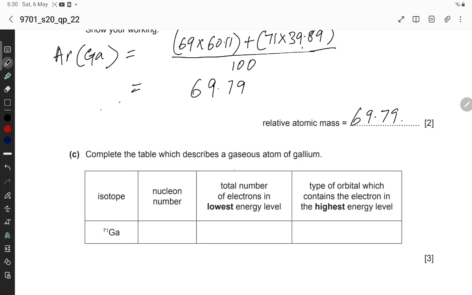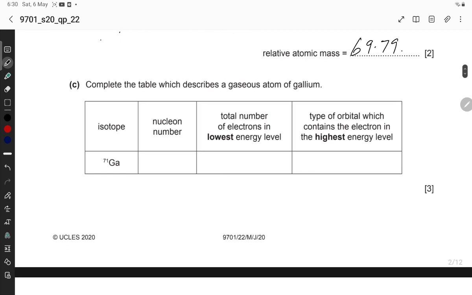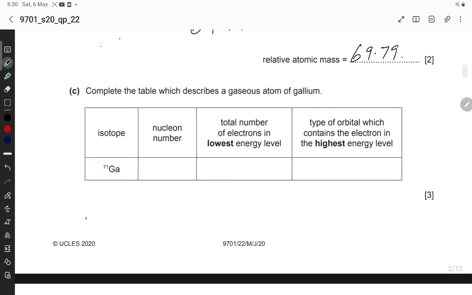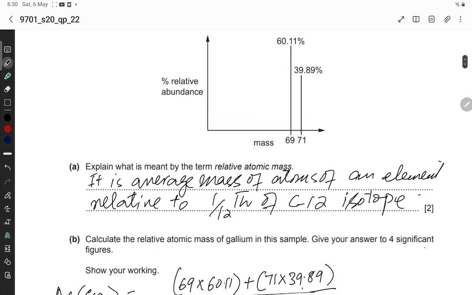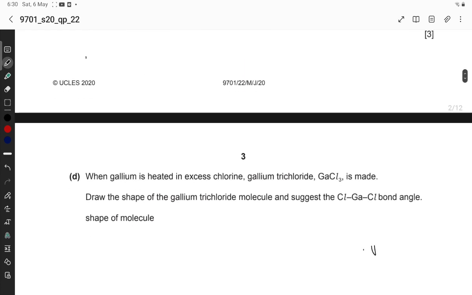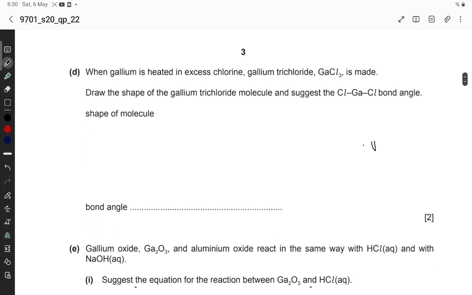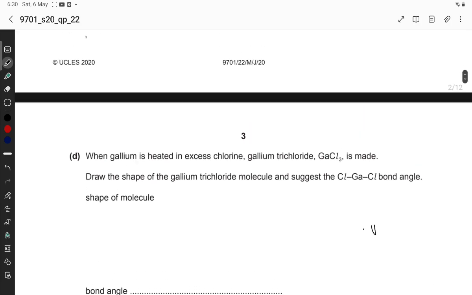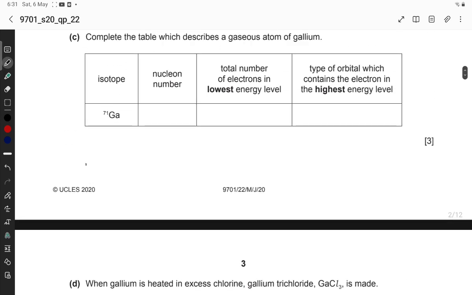Complete the table which describes the gaseous atom of gallium. The nucleon number is 71.